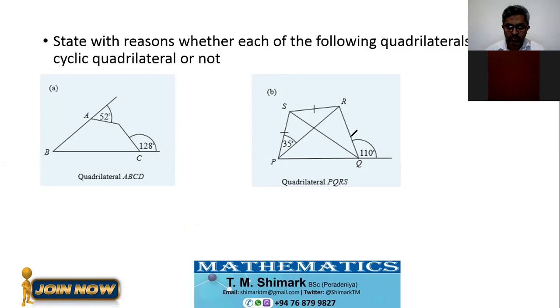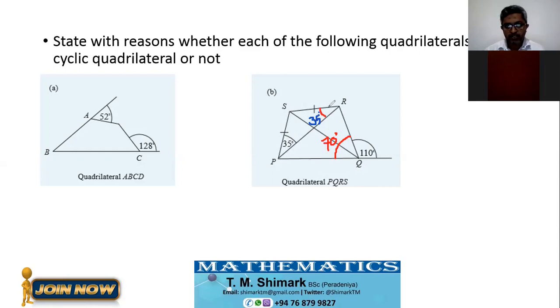This is going to be 70, right? What about this one? PSR is an isosceles triangle. Why isosceles triangle? These two sides are equal. That means this angle is going to be 35.